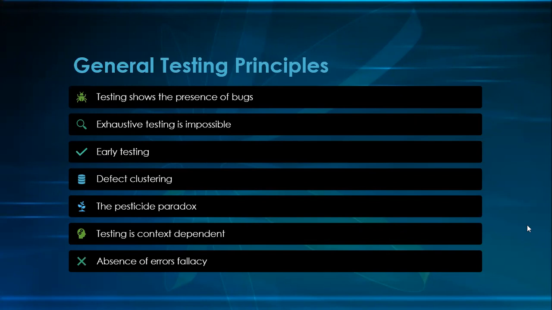You want to log in, you need to log in with your username and password. Those are context, so to say. So, absence of error fallacy. You're saying there is no error, it's a fallacy. You cannot vouch to say there's no error.